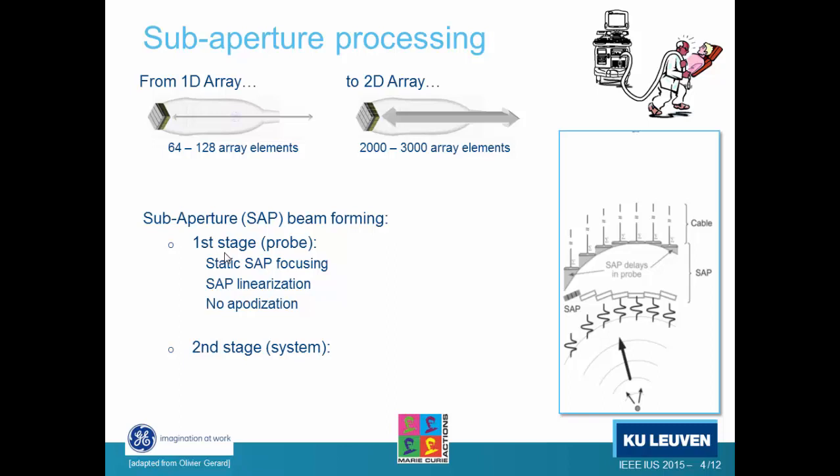These channels are then passed to the second stage of the beamforming, which happens in the system, and where dynamic receive beamforming can be applied. But we see that for each SAP, we get a single channel, and this way we can reduce the number of channels that we need to communicate between the probe and the system.